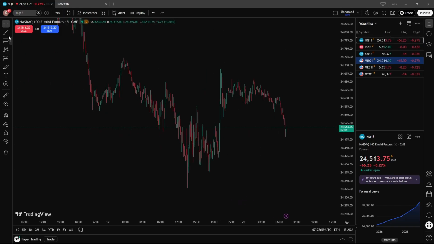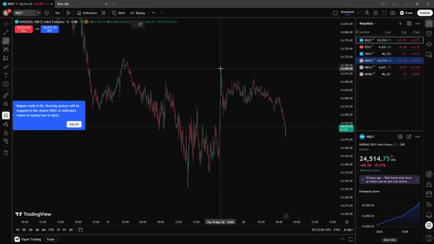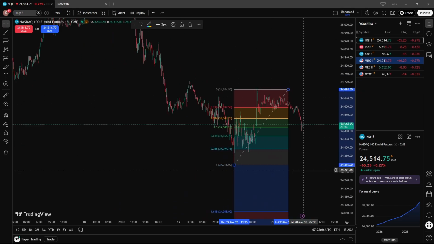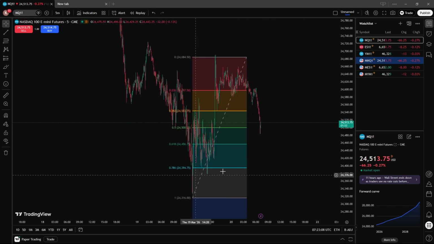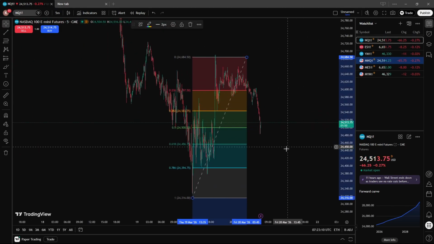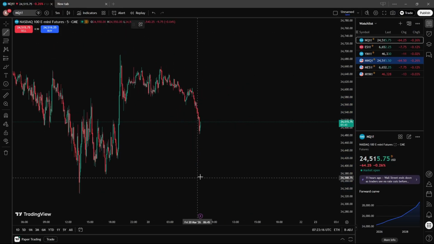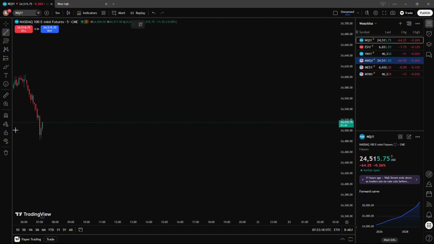What's next is all the tools here. You have your Fibonacci. This is not how we usually use it. You have your own settings, but we'll go through that another day. One thing I want y'all to know when you are accessing your tools is that you can use something called the magnet. In magnet mode, the drawings will be anchored to the closest open, high, low, close.